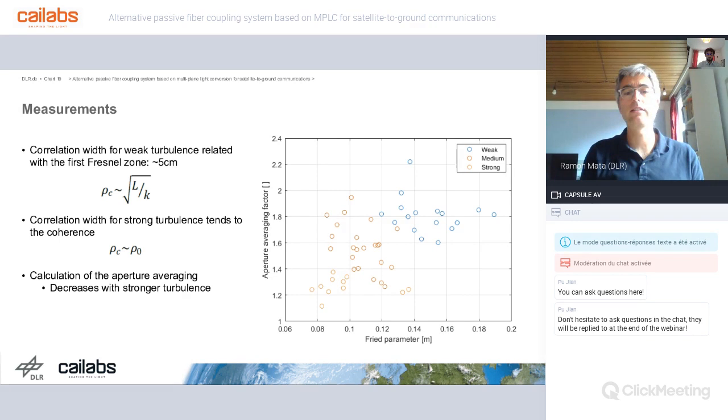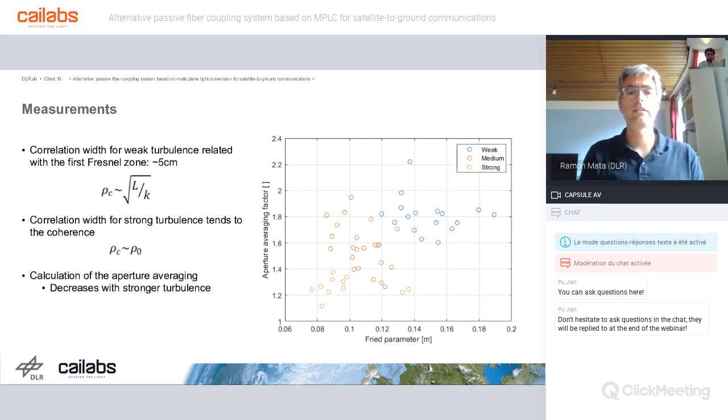You can see quite well, with these three regimes that we defined before for the scintillation, that the aperture averaging was higher for weaker turbulence, and then decreasing for stronger turbulence. So you can see quite well these three regions of the three colors in this graph here.